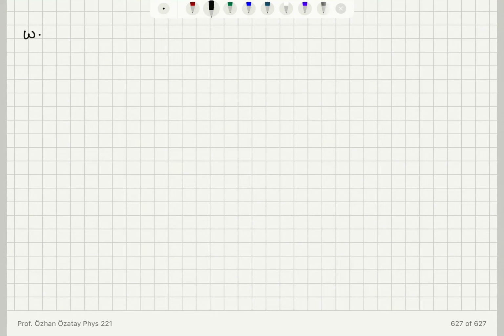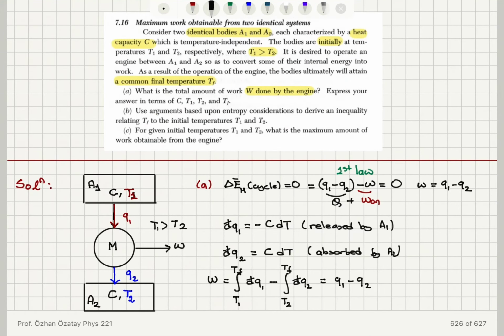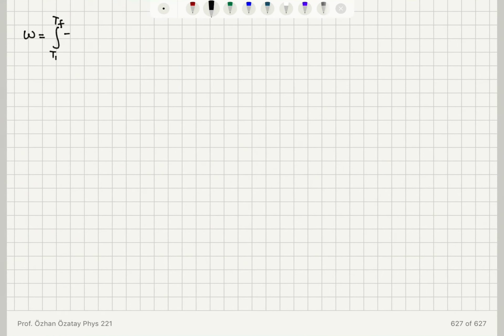W is the integral from T1 to T final of d bar Q1, which is minus CdT, and minus the integral from T2 to T final of plus CdT. So this will give me minus C(T final minus T1) minus C(T final minus T2).